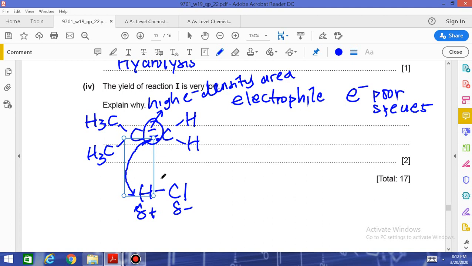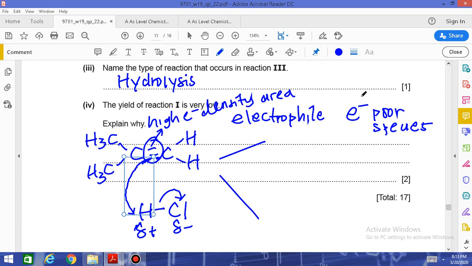Once again, chlorine is more electronegative than hydrogen, so it carries both electrons from the covalent bond here. Since this is an asymmetrical alkene, there are two different products. The hydrogen atom can be attached to this side carbon atom or that side carbon atom.